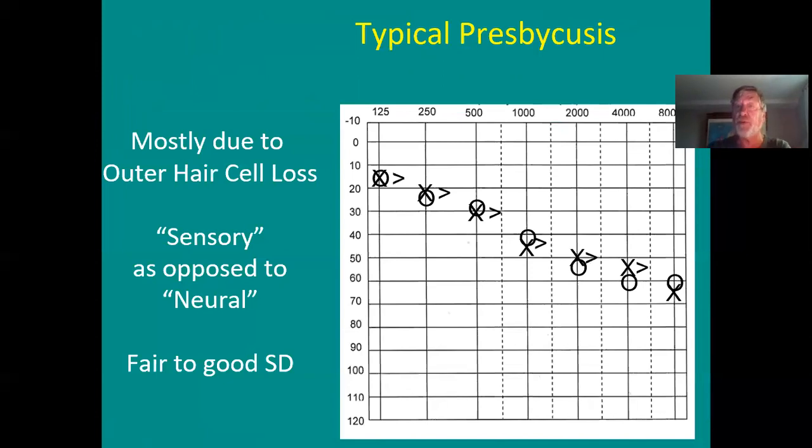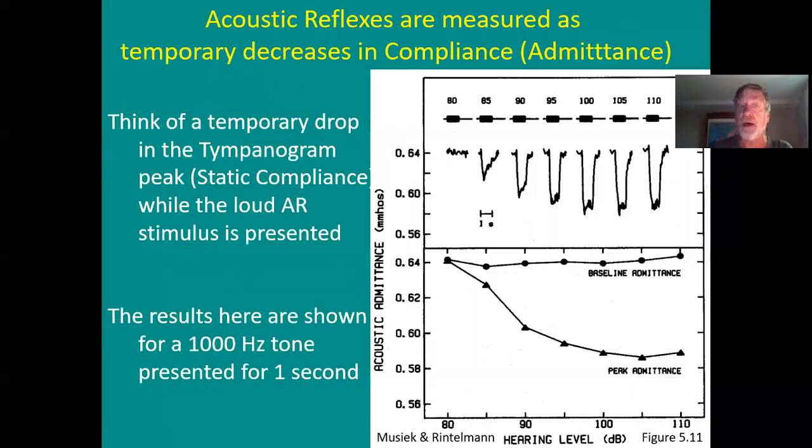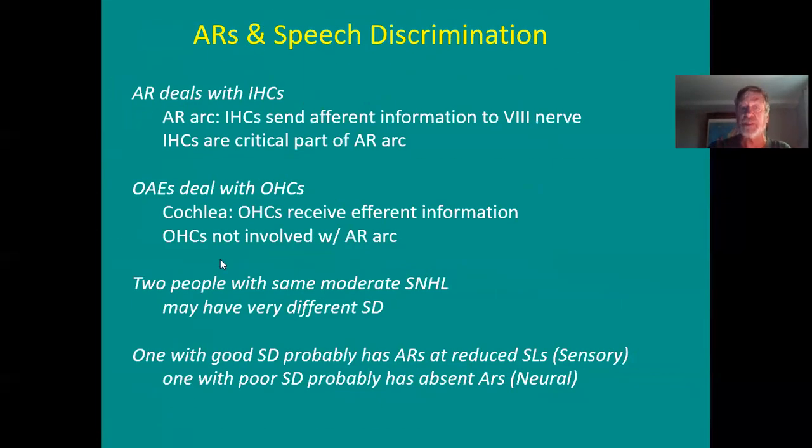However, one person might have pretty good speech recognition at a most comfortable level with those monosyllabic words. And another person may have quite poor speech recognition, even though he or she has that same mild loss. Okay? They may have very different speech discrimination or word recognition. The one with the good speech discrimination probably has acoustic reflexes, albeit at reduced sensation levels.